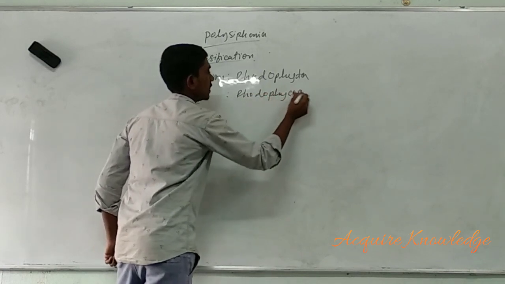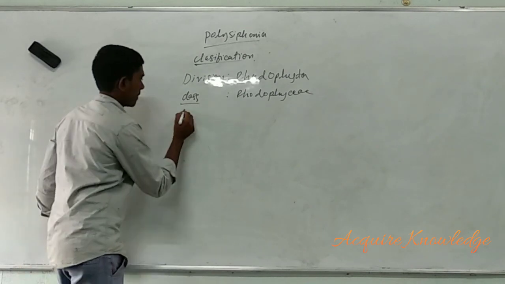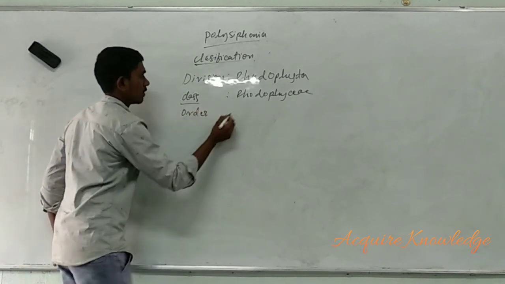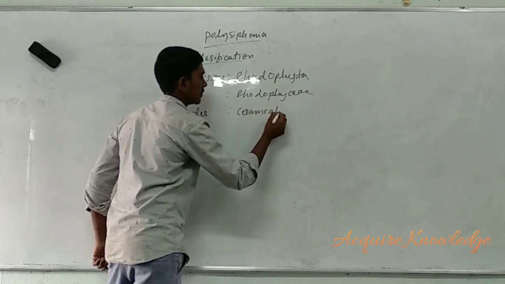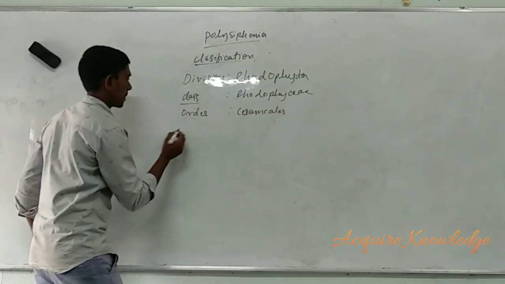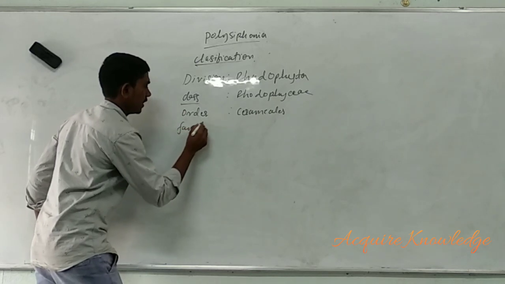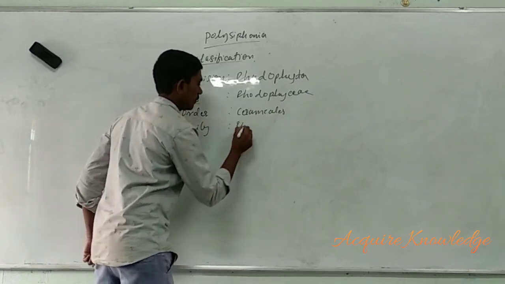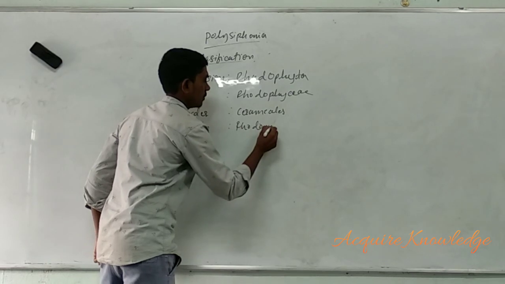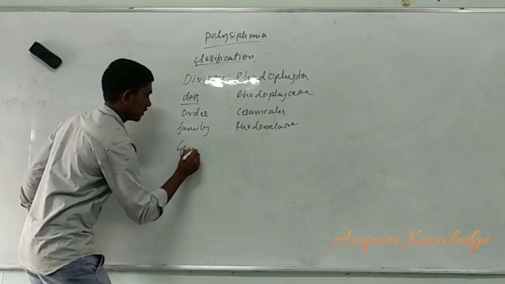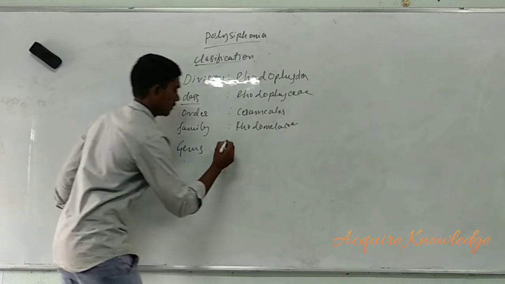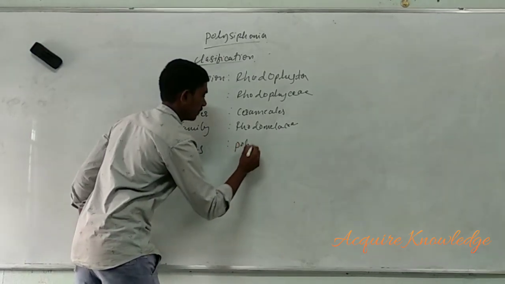Class: Rhodophyceae. Order: Ceramiales. Family: Rhodomelaceae. And finally, genus: Polysiphonia.